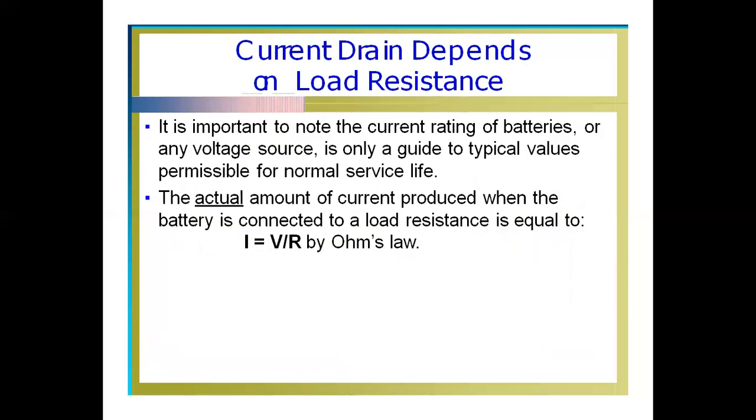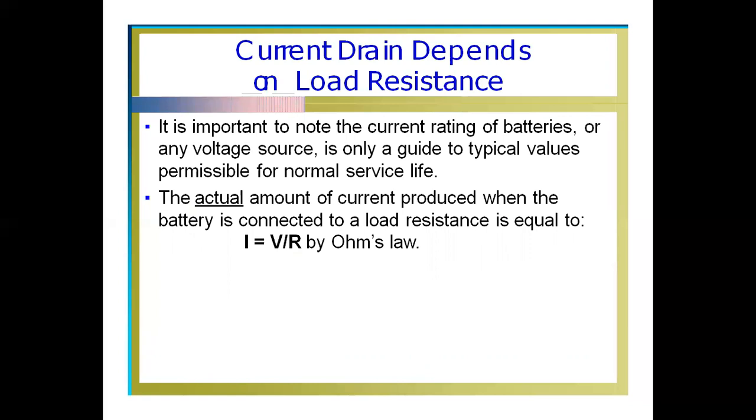So current drain depends on the load resistance. Whatever the battery capacity may be, the drain of current depends on the load resistance. So it is important to know the current rating of batteries for any voltage source. It is only a guide to typical values permissible for normal service life.